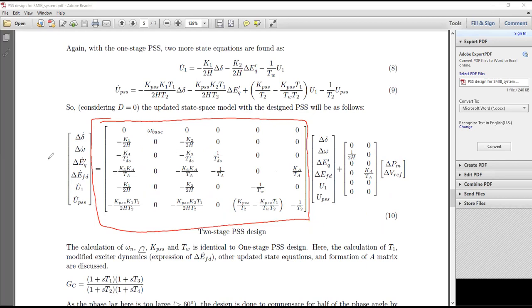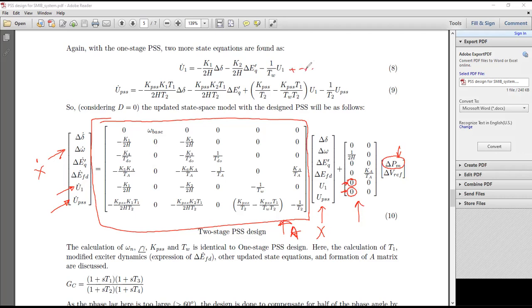And of course, this is X dot, this is your A, this is X. Again, there should be some changes because the presence of del PM was found in two more places, one in the expression of U1 dot and another in the expression of UPSS dot. So in your 5th entry here and in the 6th entry here, you should get something non-zero.